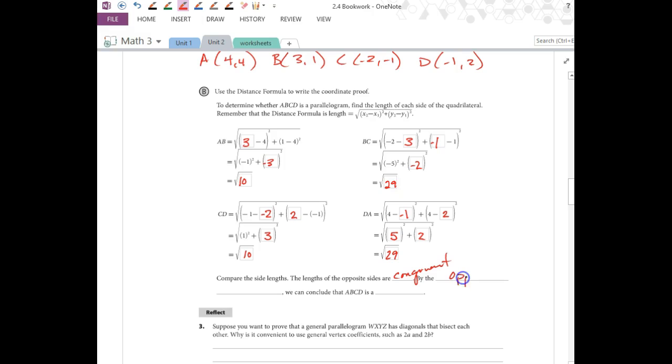They use opposite side criteria of a parallelogram. I would accept, I think that's a silly statement, definition of a parallelogram. Okay, those are facts about a parallelogram. We can conclude that ABCD is, in fact, a parallelogram.